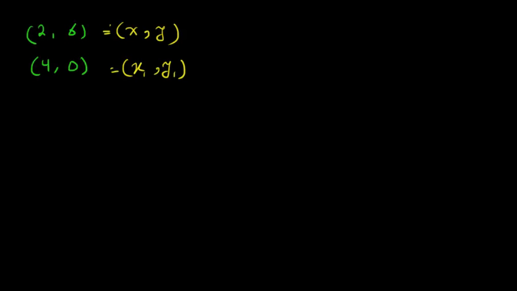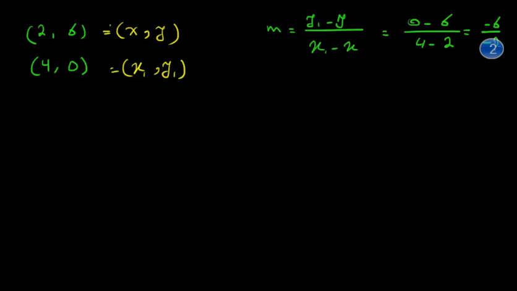First thing we need to do is to find the slope. Slope is y1 minus y over x1 minus x. So y1 is 0 minus 6, and x1 is 4 minus 2. Then we'll have minus 6 over 2, and we'll have minus 3. We have the same slope as we had in the previous example.